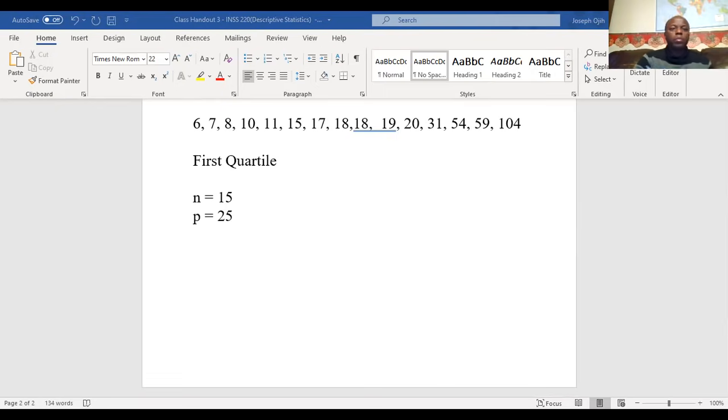The 100 is a part of the formula. Our n is 15 numbers, times the quartile percentage, 25, divided by 100. So that is 15 times 25 divided by 100.